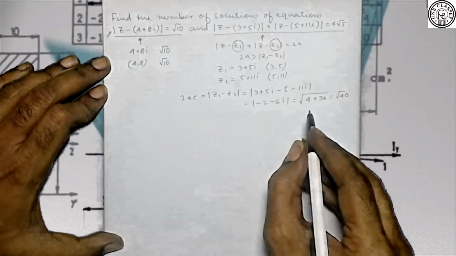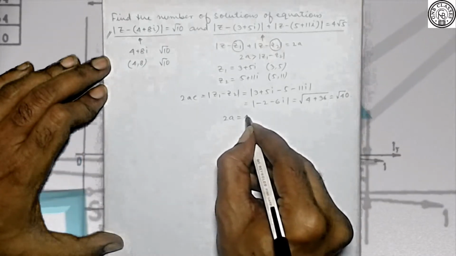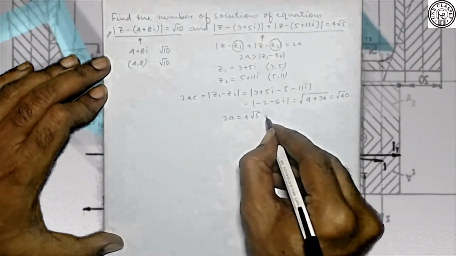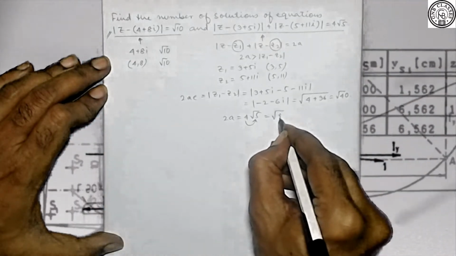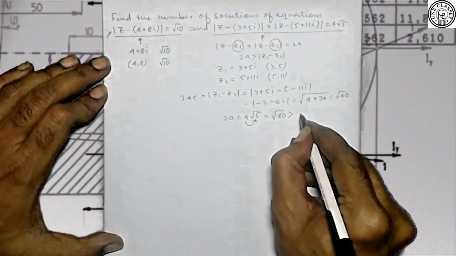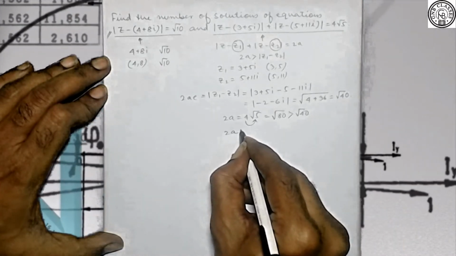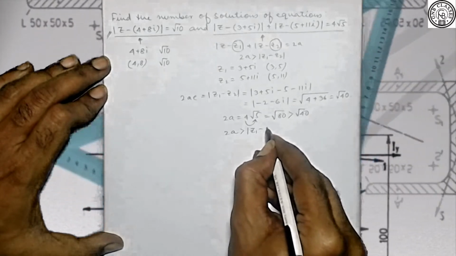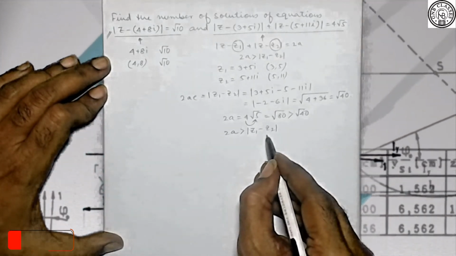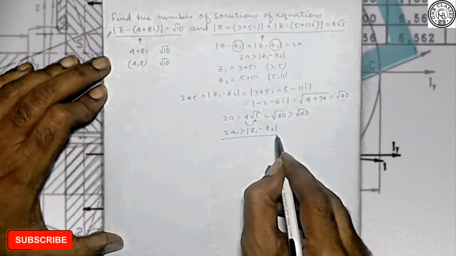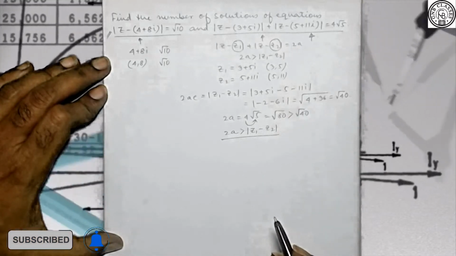Now observe one thing: here 2a is basically 4 root 5, which if I take the 4 inside the root sign becomes under root 80, which is greater than root 40. That is, 2a is greater than the distance between the foci, that is mod of z1 minus z2. Therefore, with guarantee we can say that this equation represents an ellipse.